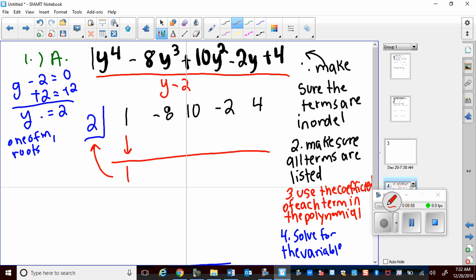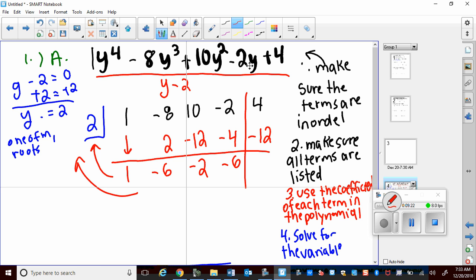1 times 2 is 2. Negative 8 minus 2 is negative 6. Negative 6 times 2 is negative 12. 10 minus 12 is negative 2. Then negative 2 times 2 is negative 4. This gives me negative 6. And then I get negative 12 here.